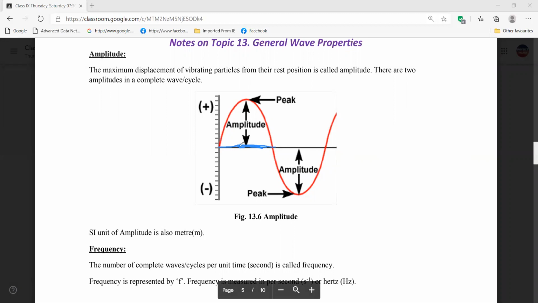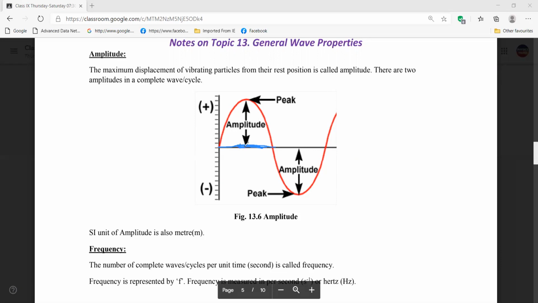That means if there is no wave, the particle stays in this place. Now, there are thousands and millions of particles, water particles, right? So when the particles are vibrating, not only one particle is vibrating, all these particles are vibrating.